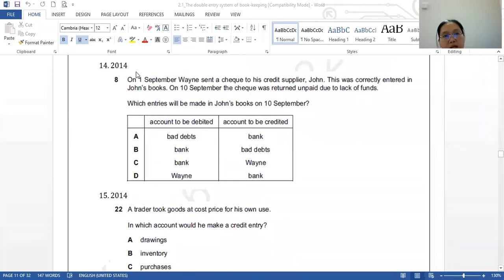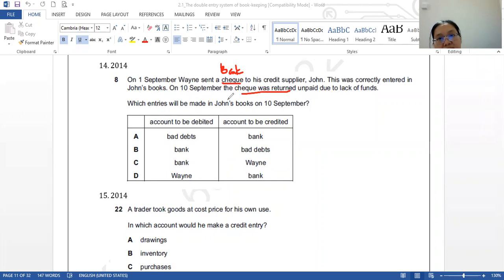Okay, 14. On 1st September, Vanny sent a check to his credit supplier. The moment check is mentioned, it is a bank. This was correctly entered in the journal book. On 10 September, the check was returned unpaid due to lack of funds. This is a bounced check.